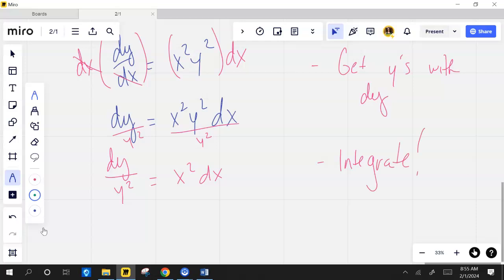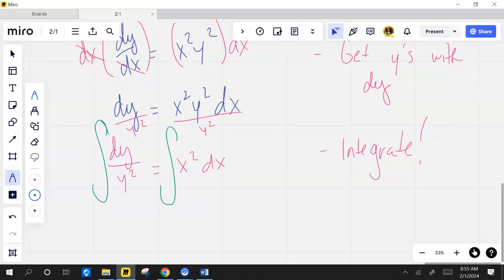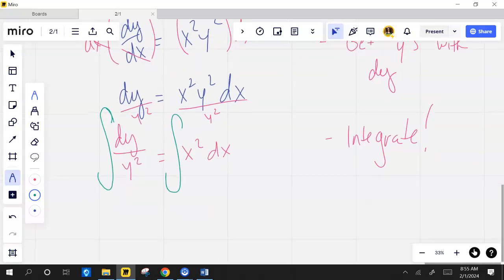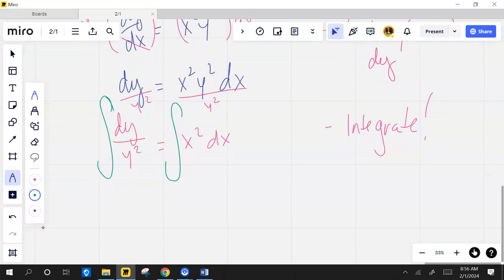So when I integrate here, what's the antiderivative of dy over y squared?